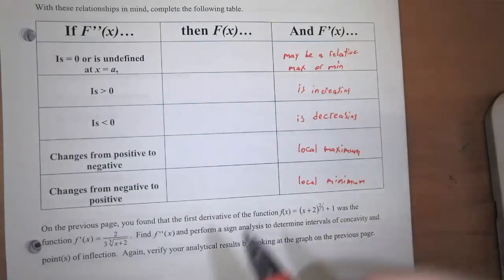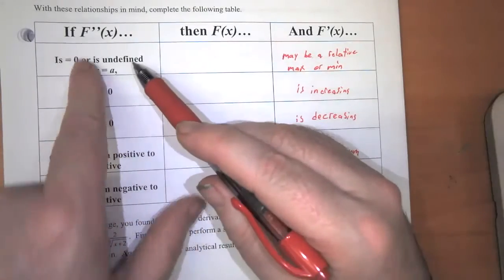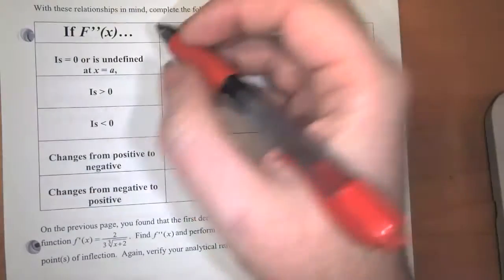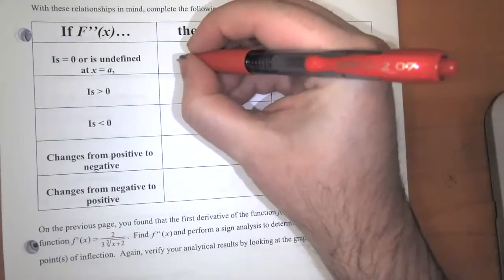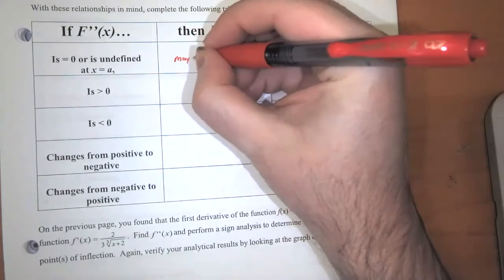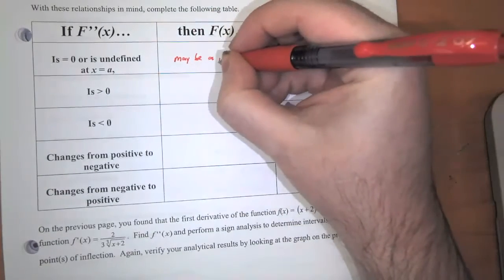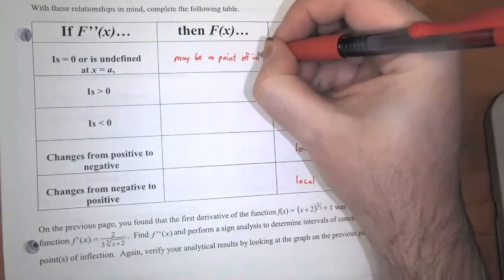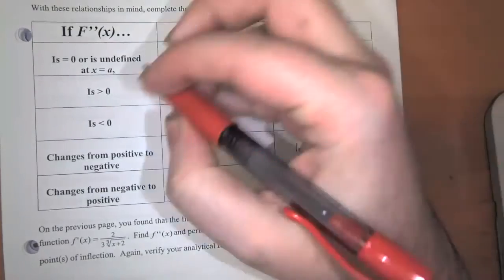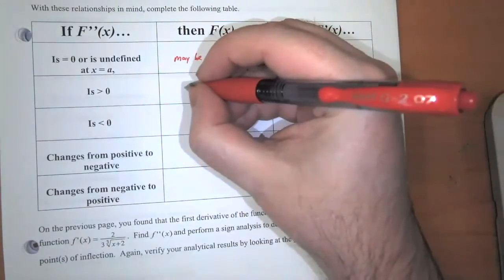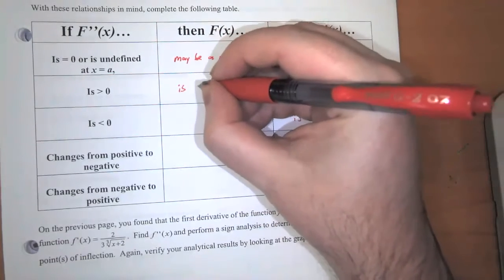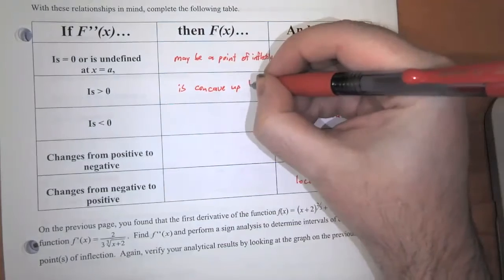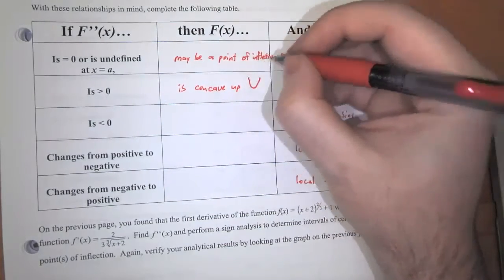And let's just talk quickly about the impact that this behavior on the second derivative will have on the original function. So if it's 0 or undefined, then f of x may be a point of inflection. It also may not. If the second derivative is greater than 0, then the function is concave up. All right, so it looks like that.